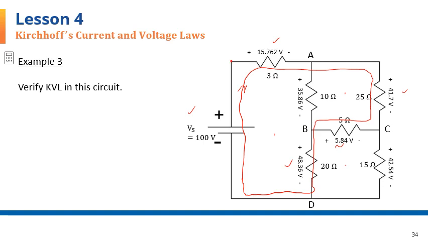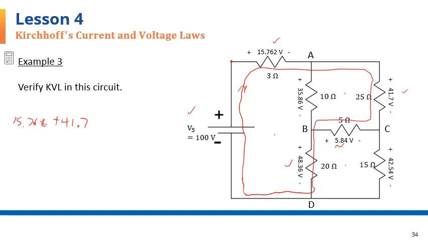So starting here and coming back to it, 15.762 on the left plus 41.7. Let me just write the voltage rises on another line because there's not enough room.